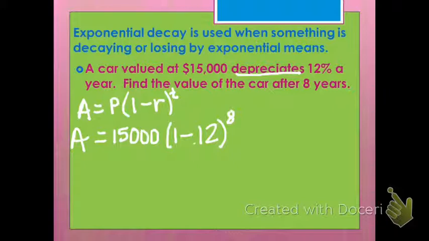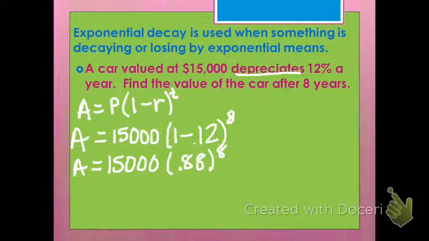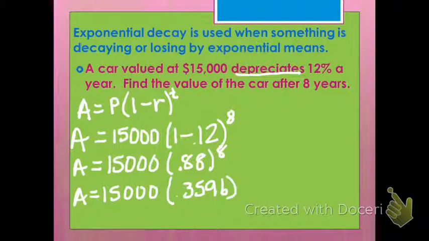Okay, so let's do parentheses first. So I'm going to take 1 and subtract 0.12, and that gives me 0.88. And then if I raise that 0.88 to the 8th power, because order of operations says you do exponents next, I'm going to get 0.3596.